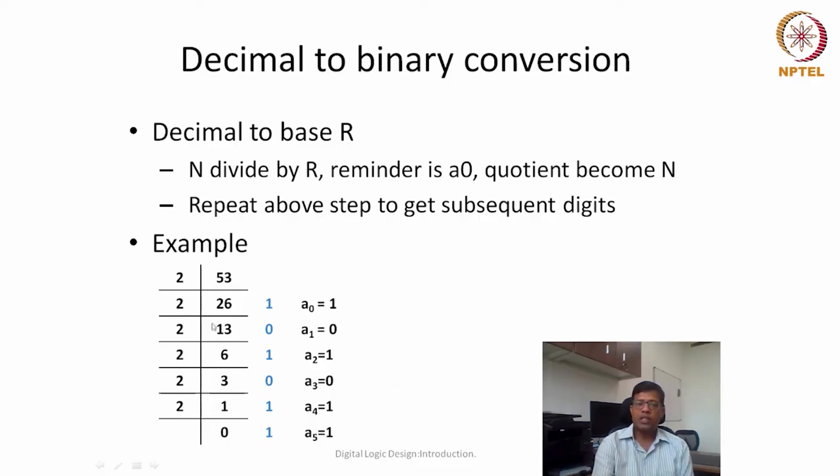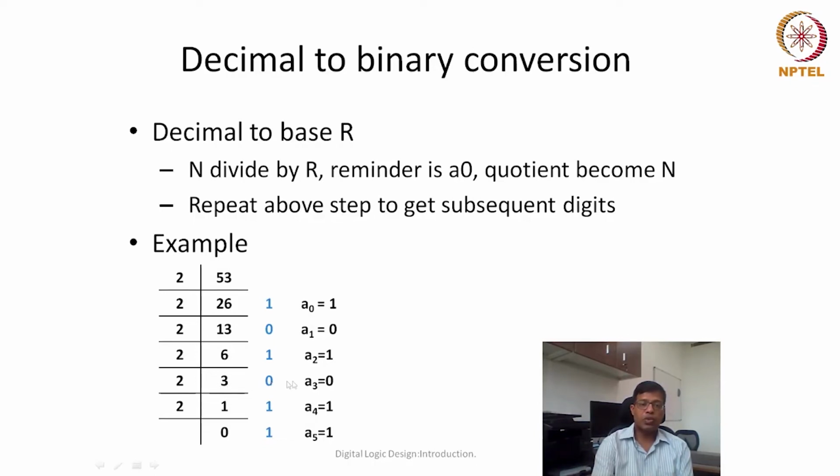This 26 has to be divided again by 2. After division, the new number is 13 and the remainder is 0. Because the remainder is 0, this will become the subsequent bit of our binary number. Now we again divide 13 by 2. The quotient is 6 and the remainder is 1. Because the remainder is 1, this will become the subsequent binary bit. And again we divide 6 by 2, it will be 3.